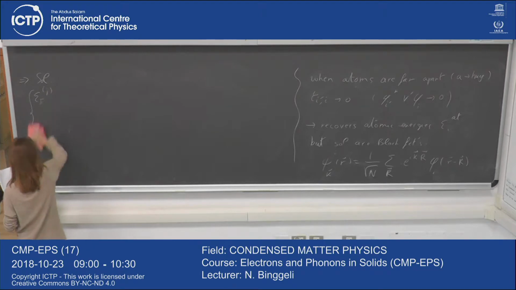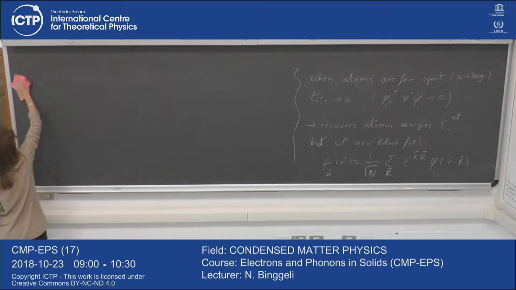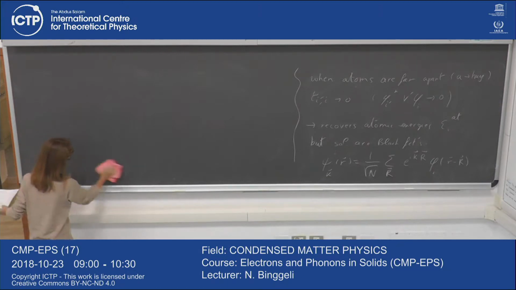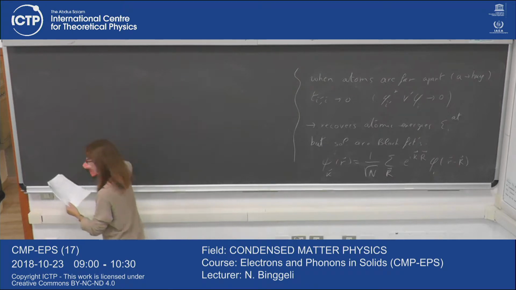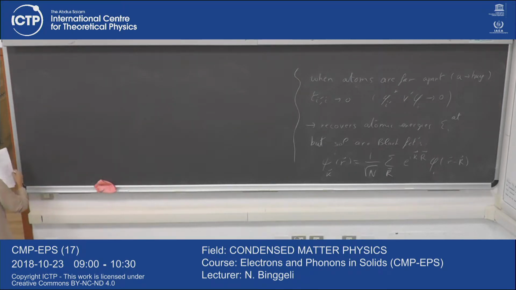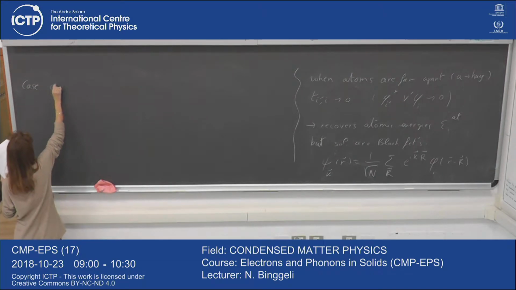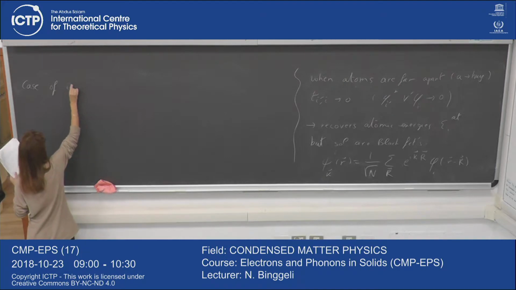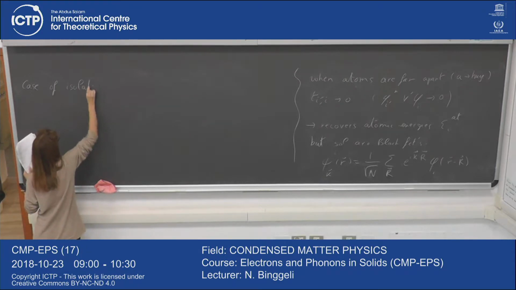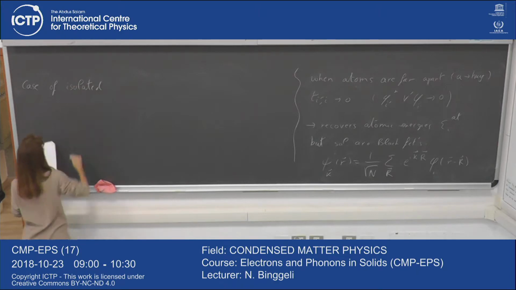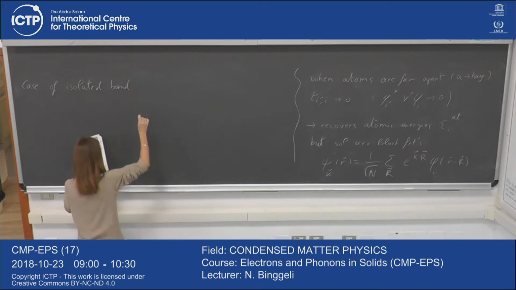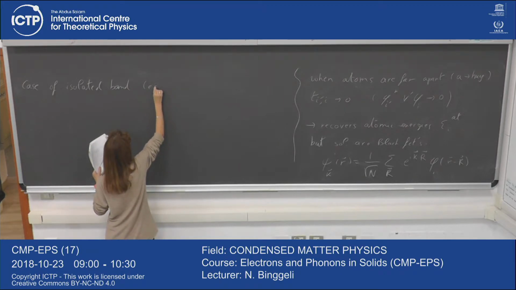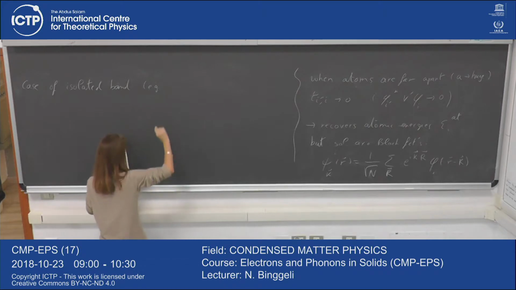So now let's look at the case of an isolated band. It is a band that is far away in energy from the other bands. So let's consider another limit, the limit of isolated band. For instance, the 1s band.